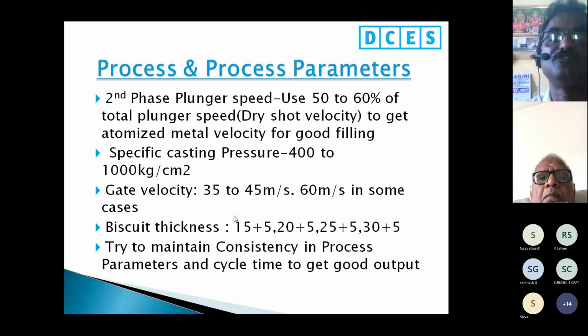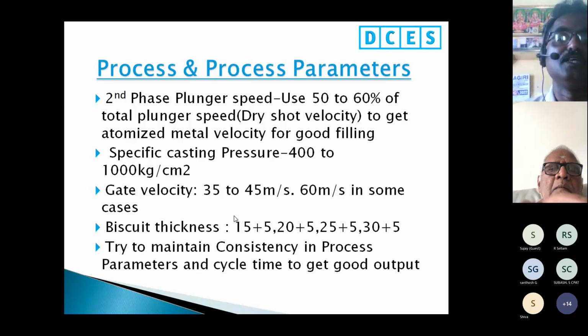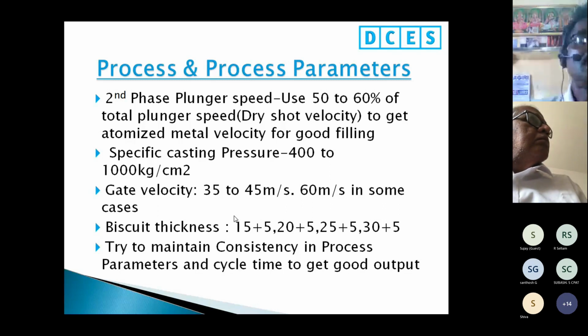For this, you have to use 50 to 60% of the plunger velocity of the machine. If you use more than 50, 60%, what will happen? All the oil will drain in between. At the end of the fill, there won't be any pressure to fill the material, so the aluminum metal won't have any velocity at the end of the fill. So it will create a flow problem.